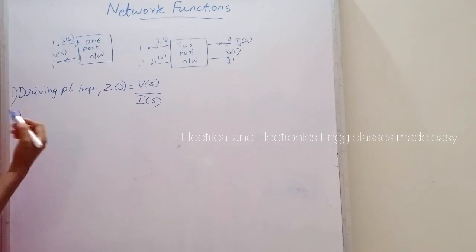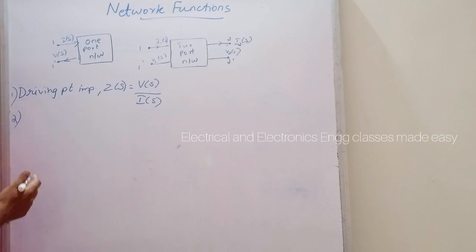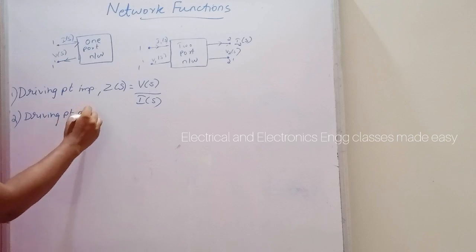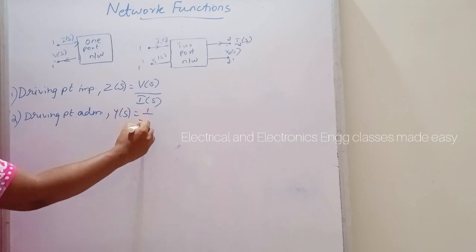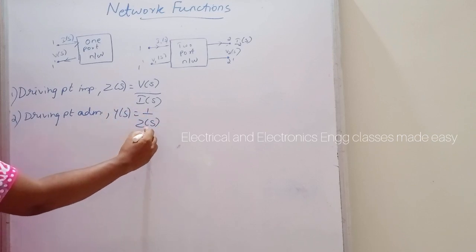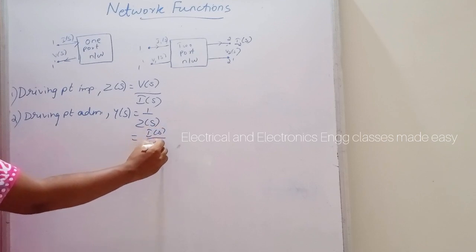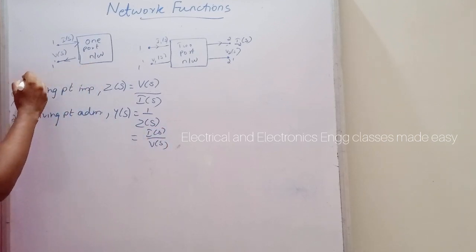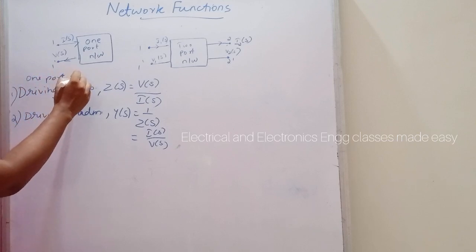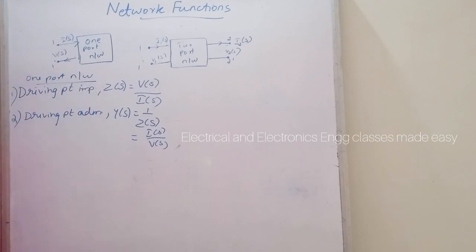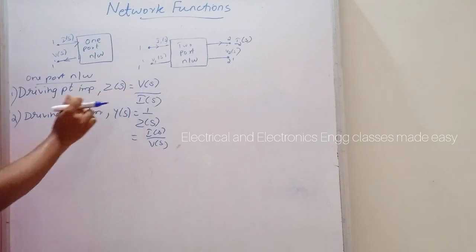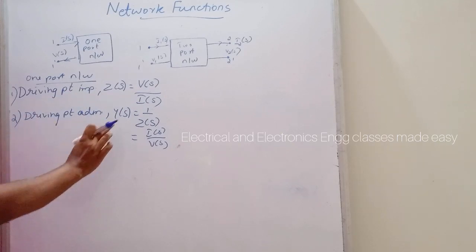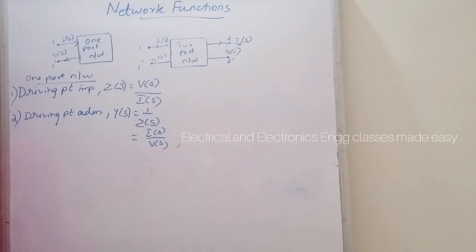Then what will be the driving point admittance? Driving point admittance is Y of s equal to 1 divided by Z of s, that is I of s divided by V of s.